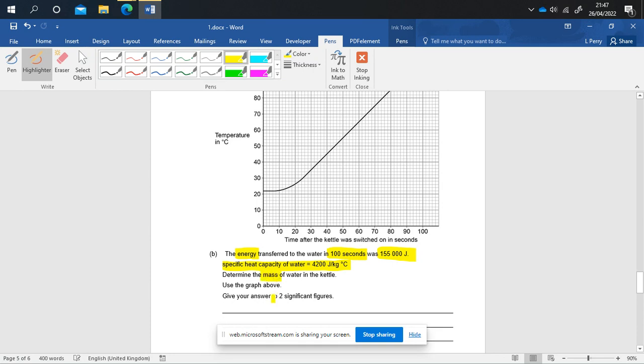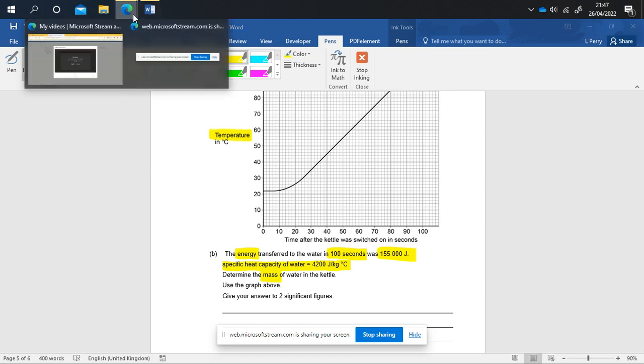We're asked for mass. So when I go to the equation sheet, I'm looking for an equation that links energy, specific heat capacity, mass, maybe time. But time's on the graph and that could actually give me a temperature. So I'm just looking for an equation that maybe links some or all of those things.